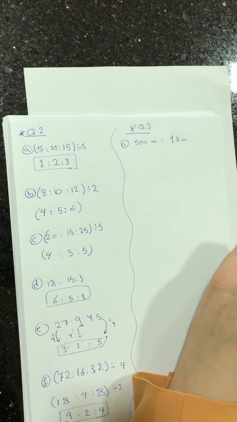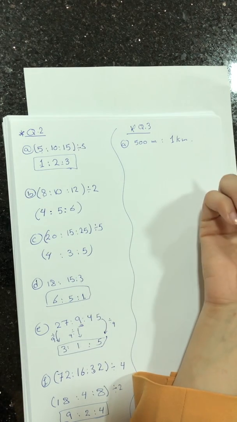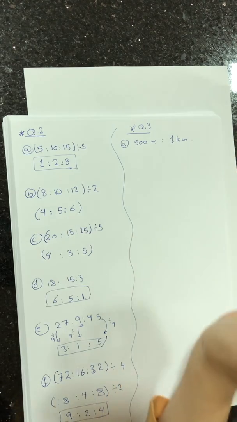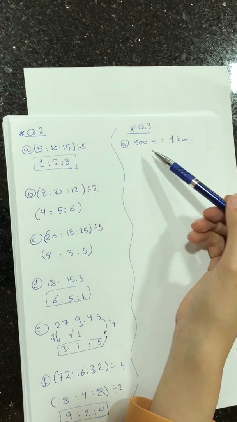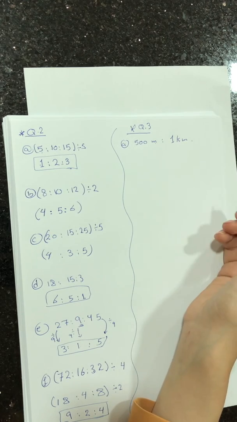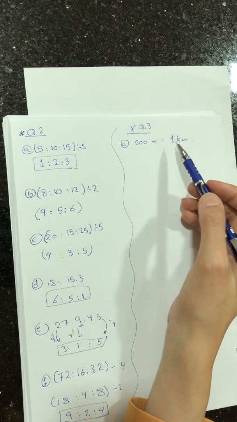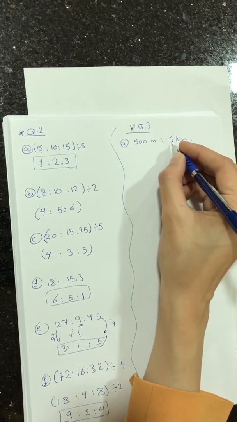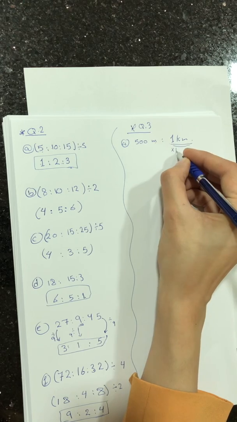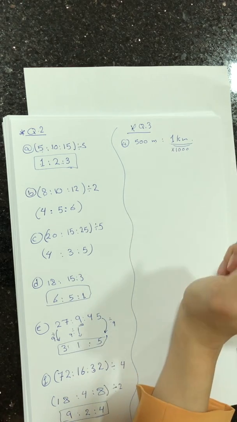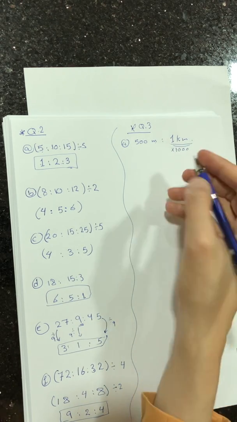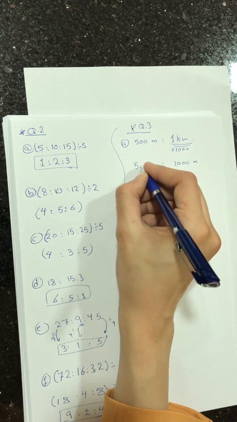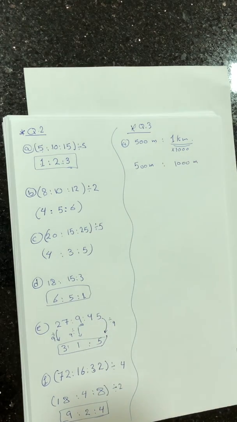In this question, you need to change the units because you need to make sure that all the quantities are in the same units. So you need to change the kilometers into meters. You will multiply 1 kilometer by 1,000, because 1 kilometer times 1,000 is 1,000 meters. This is how we convert from kilometers to meters.